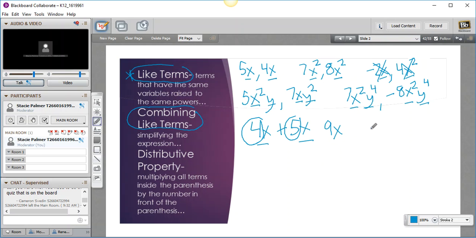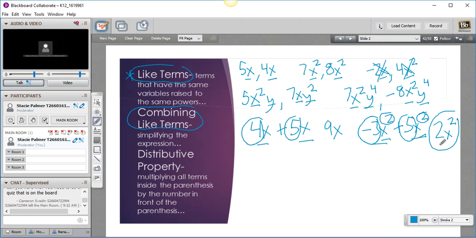Or let's say you have negative 3x squared plus 5x squared. If I ask you to simplify this, these are like terms. They both have an x to the second power. So we would just combine the coefficients, negative 3 plus 5, which would be 2x squared. Okay, notice that it's not 2x to the fourth. The variables and their power stay exactly the same. Okay, so it'd be 2x squared.